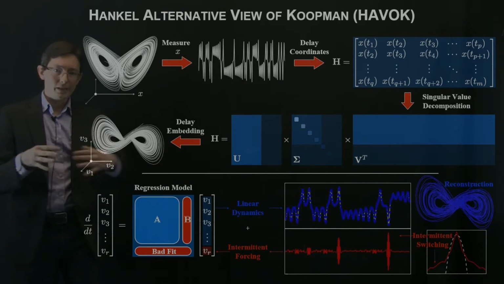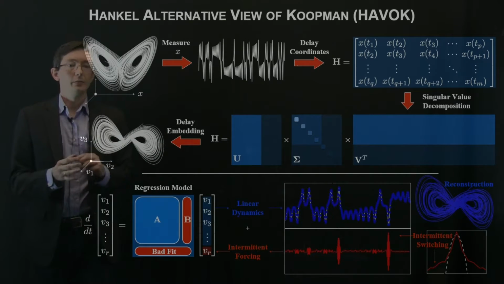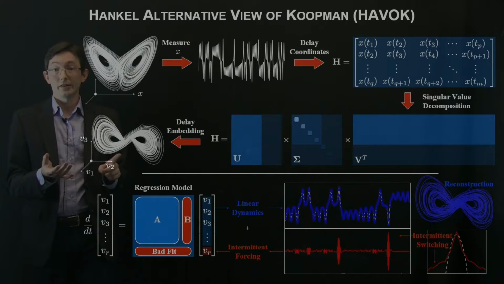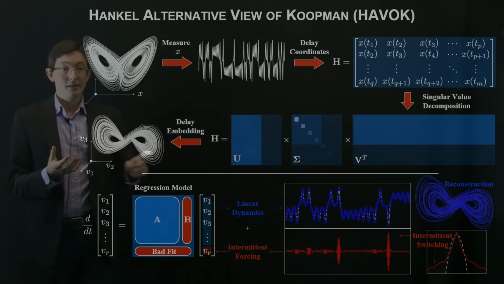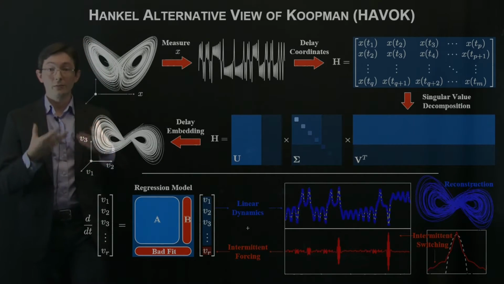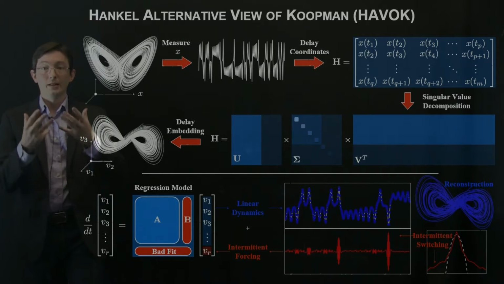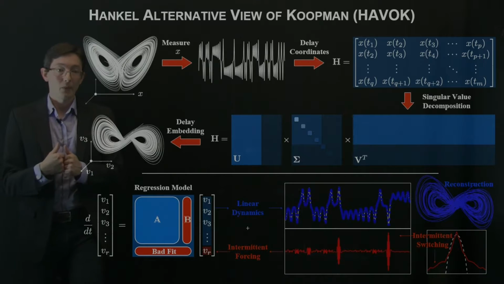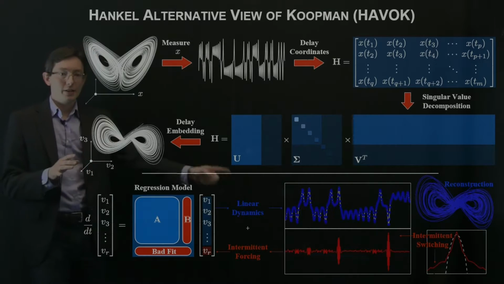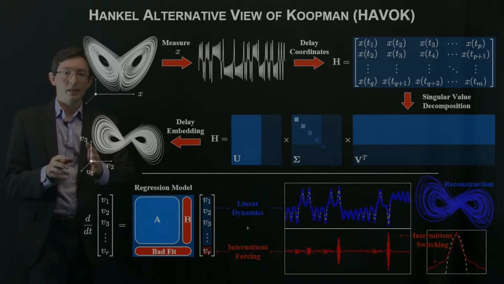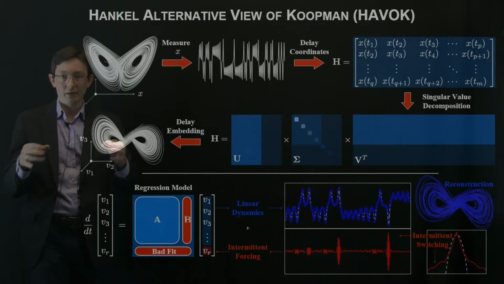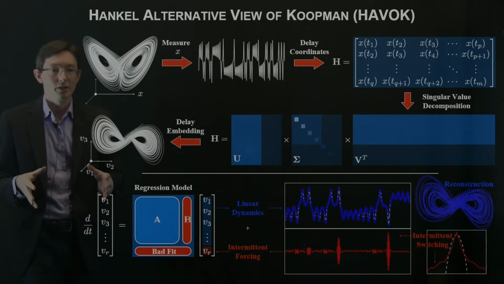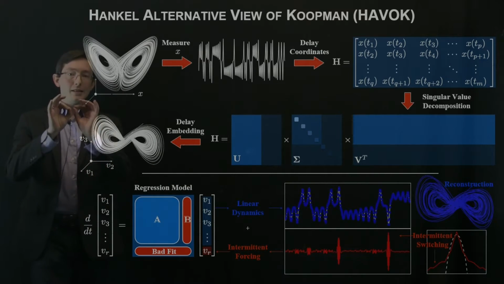And so if you run this for enough data, you can build a reconstruction that looks very similar to this embedded system, except our blue manifold is really coming from linear Koopman dynamics with this special intermittent forcing signature. Okay? And what's interesting is you actually see that this intermittent forcing signal, if you look at its probability distribution in the very lower right, it's non-normal.